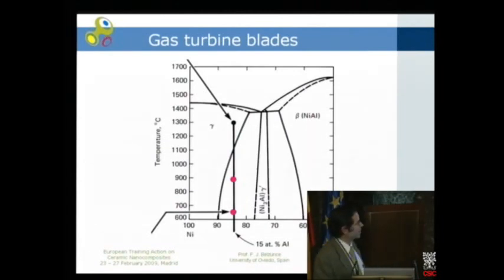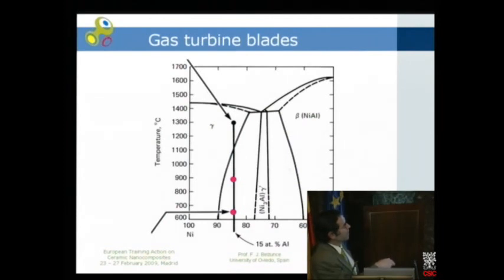For example, in the case of the nickel aluminium intermetallics, this is the phase diagram of nickel and aluminium, and we are dealing, for example, with nickel with 15% atomic of aluminium. We can heat this alloy to high temperature, 1200, 1300 degrees.